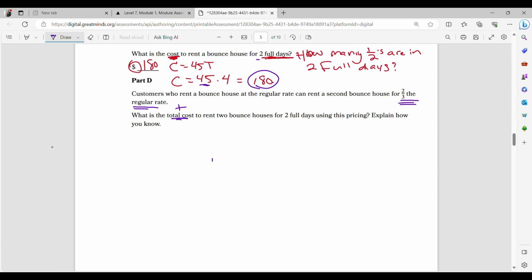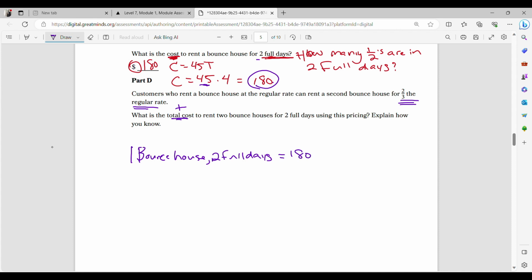So let's annotate it all right through. 1 bounce house for 2 full days equals 180.